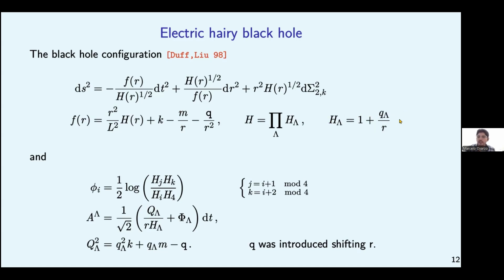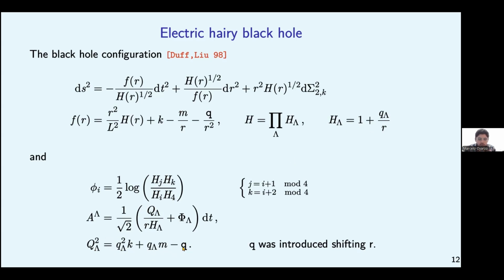The zero of the harmonic functions will fix the point where the manifold is singular. There is a curvature singularity where this vanishes. And the scalars are ratios of these harmonic functions, and the electric charges q lambda must satisfy this constraint between the small q lambda and m.